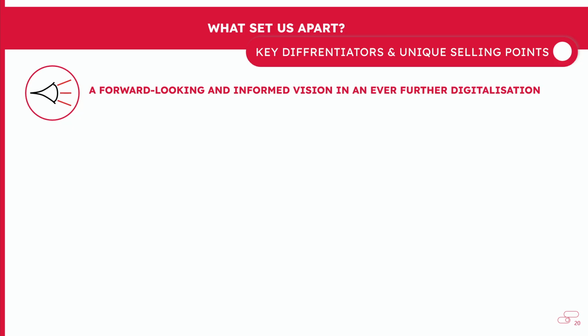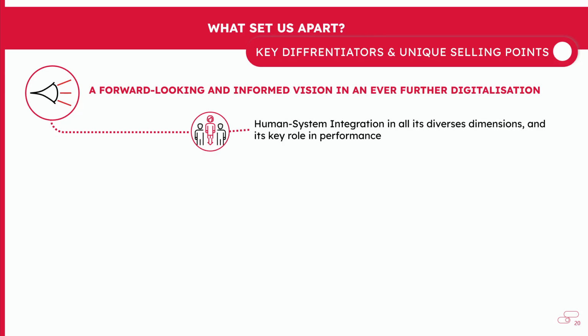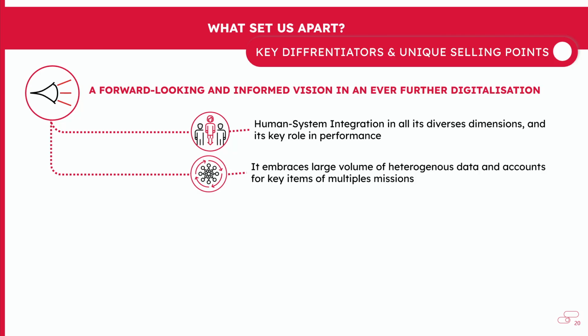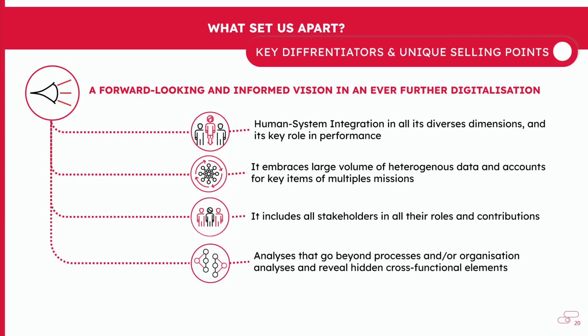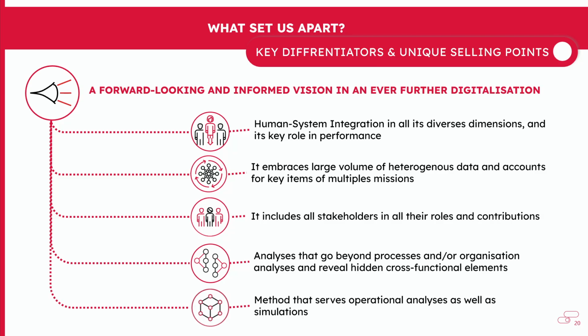So the key takeaways and differentiators of the method are the fact that we are able to integrate human systems with all their dimensions and especially their impact on performance, that we are able to embrace a large amount of data and especially heterogeneous data, that we are able to include all stakeholders in our modelization and their impact on performance, and we can provide, as you saw, analysis that goes far beyond the usual business process analysis and reveals these cross-functional elements that are mainly hidden in other methods.